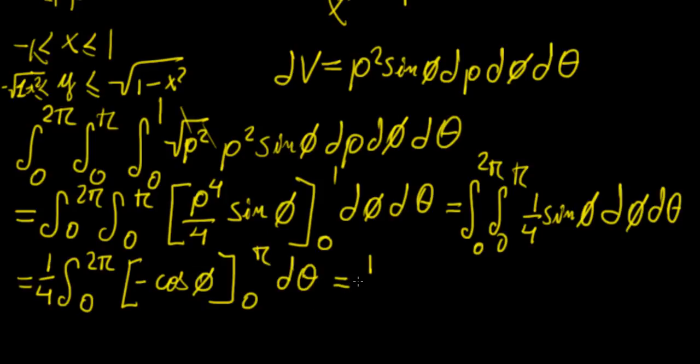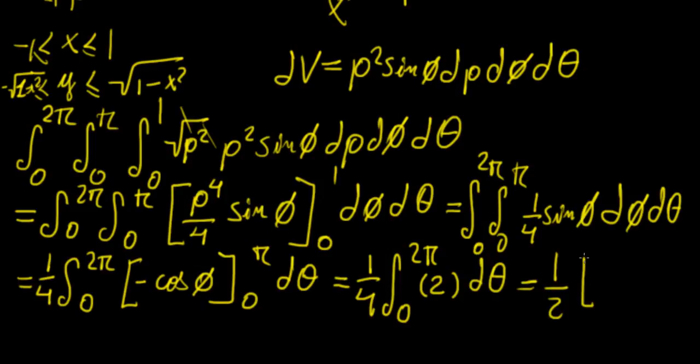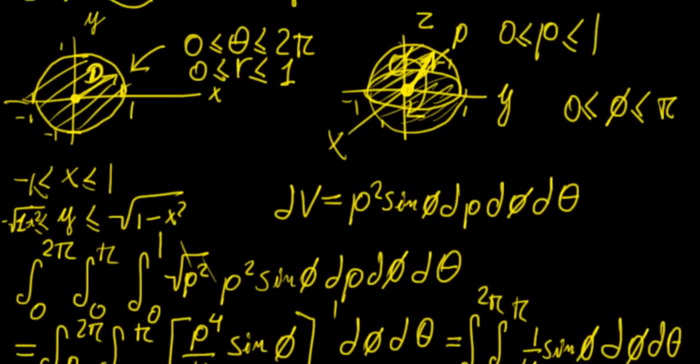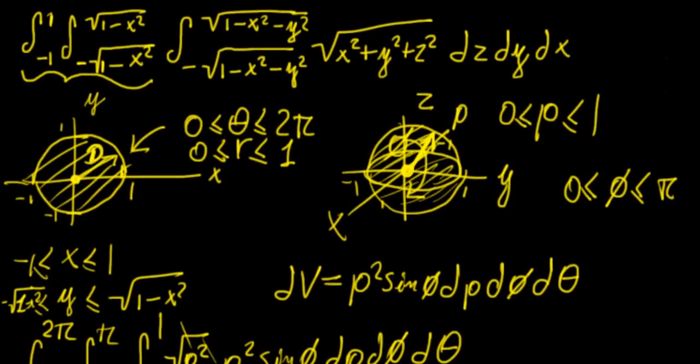Once you substitute for the limits there, you'll see that this should be equal to 2 d theta. So this becomes 1 over 2 theta from 0 to 2 pi, and then this becomes pi. So pi is the final answer for that really overly complicated integral that we looked at here.